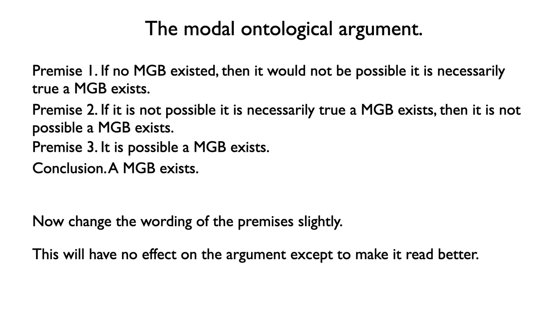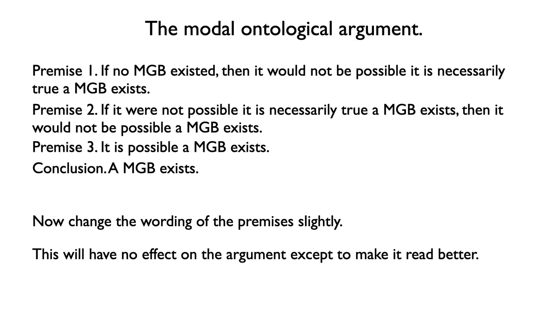For the second premise, if it is not possible it is necessarily true a maximally great being exists, then it is not possible a maximally great being exists. Let's rephrase that slightly as, if it were not possible it is necessarily true a maximally great being exists, then it would not be possible a maximally great being exists.